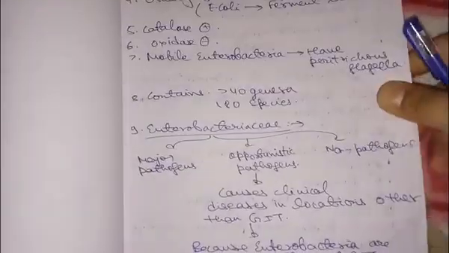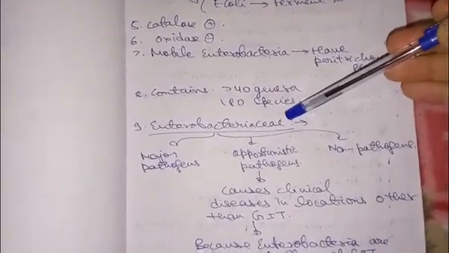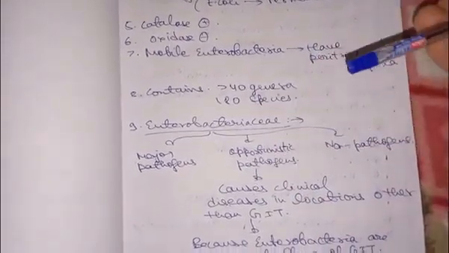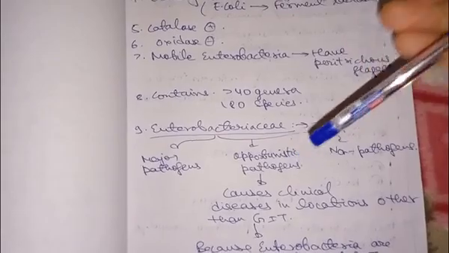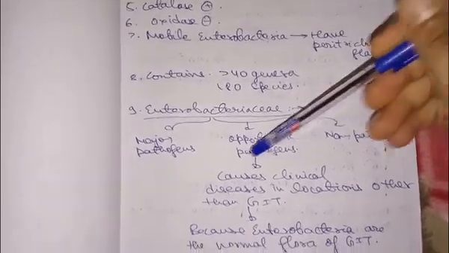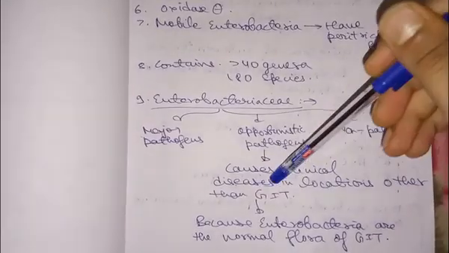Okay. Now Enterobacteriaceae can be divided into 3 groups on a very basic basis of classification, that is, whether they cause diseases majorly or opportunistically, or do not cause disease. So on that basis: major pathogen, opportunistic pathogen, and non-pathogen. Now an opportunistic pathogen causes clinical disease in locations other than the GIT.